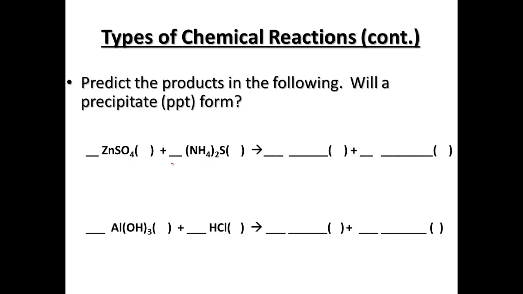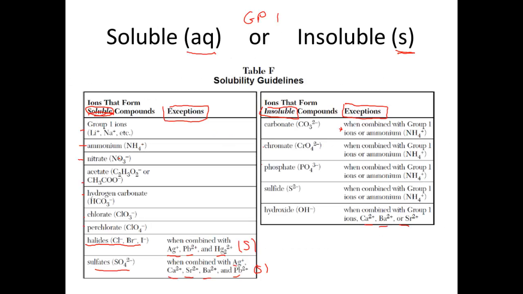So, zinc sulfate plus ammonium sulfide. Again, zinc is a +2, sulfate from the gold packet is -2, ammonium is a +1, and sulfide is a -2. Now for zinc sulfate, if we go back to our chart, we need to find the sulfates.